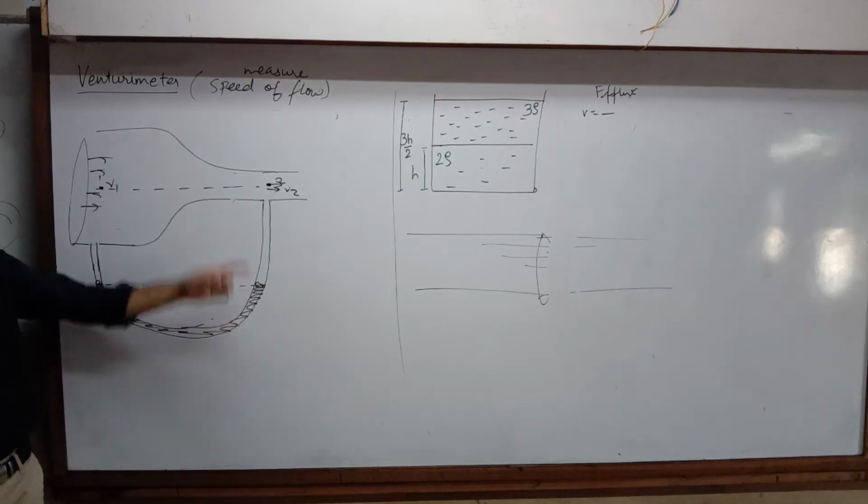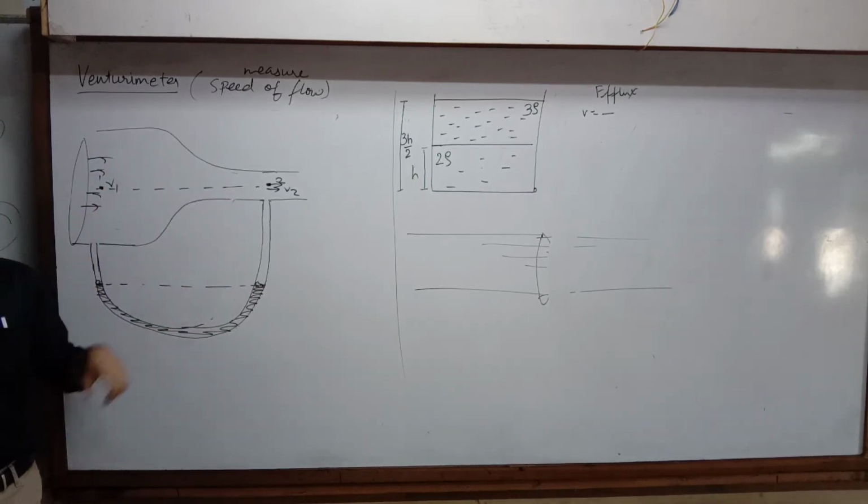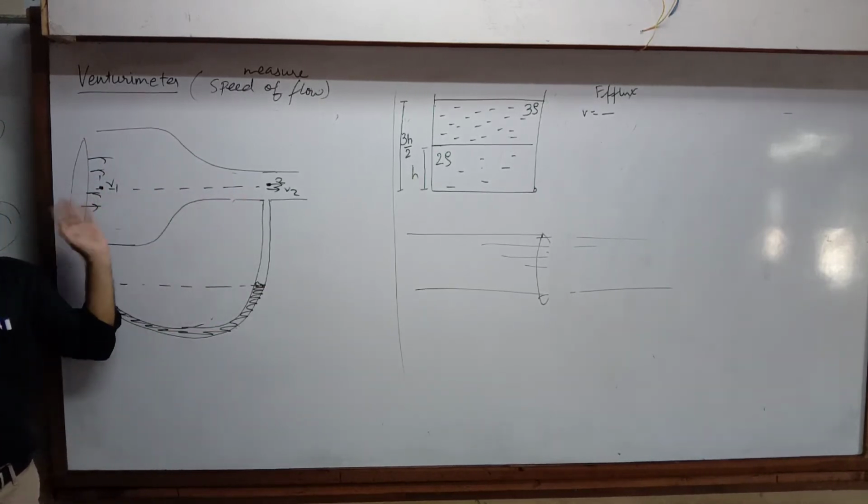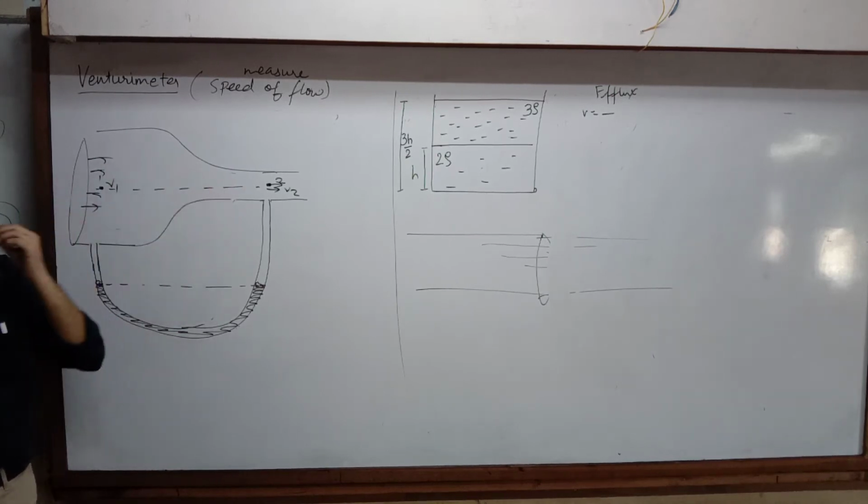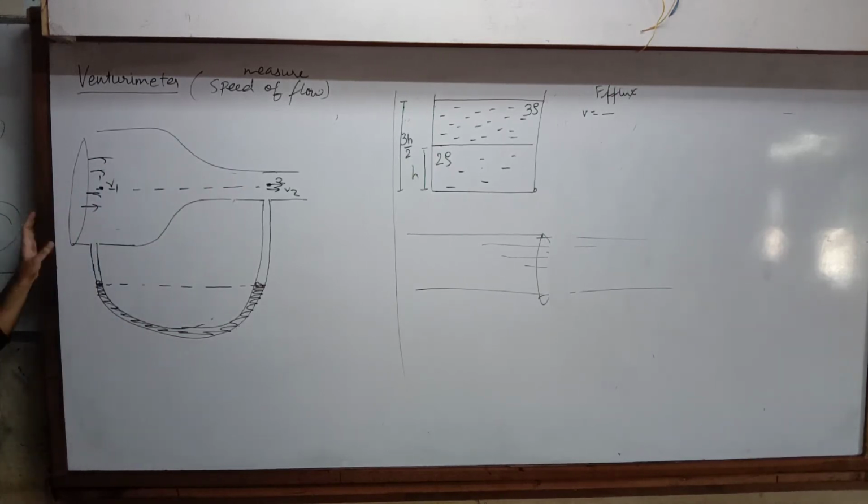If the speed is more over here, what will be the pressure related? Which pressure will be more, pressure at 1 or pressure at 2?